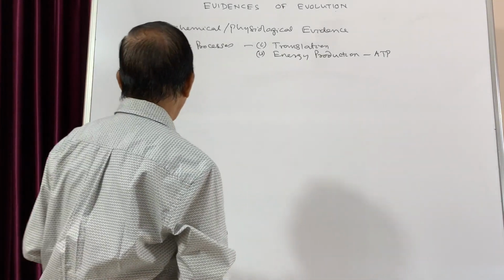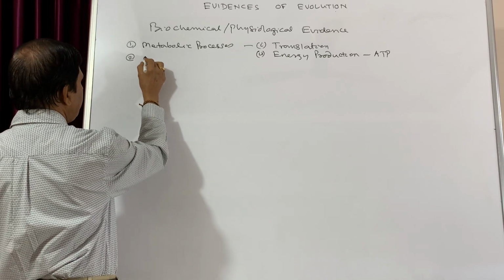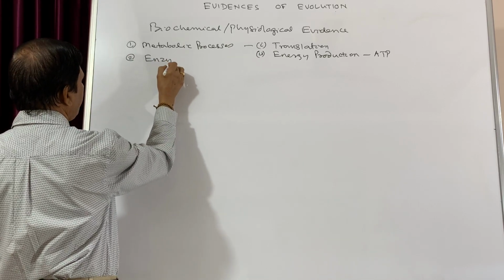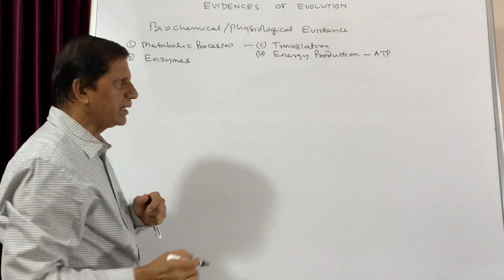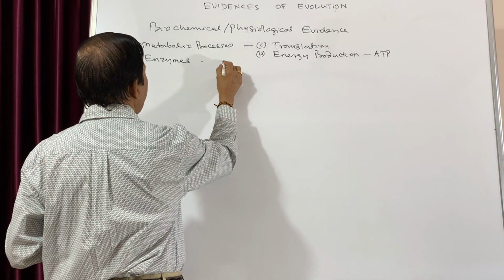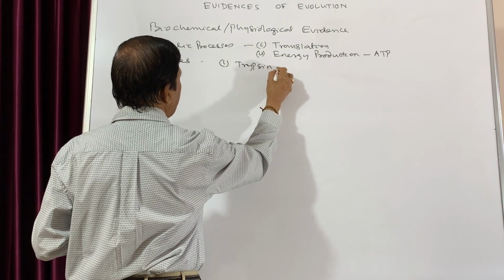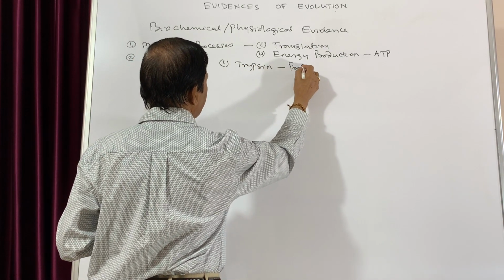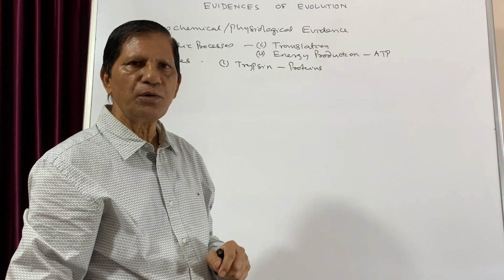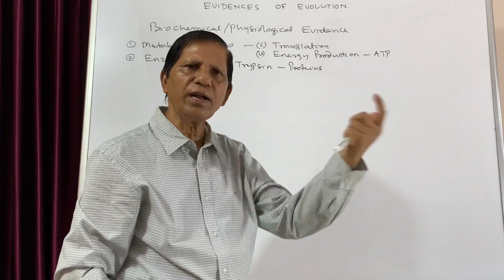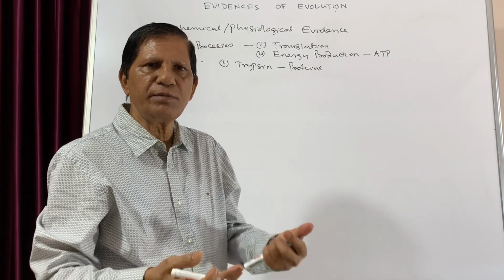Now the second one we can discuss is enzymes. Suppose you take the case of the enzyme trypsin, and its function is the digestion of proteins. So it is the same trypsin which digests proteins in all organisms. So from this you can guess what is the similarity.